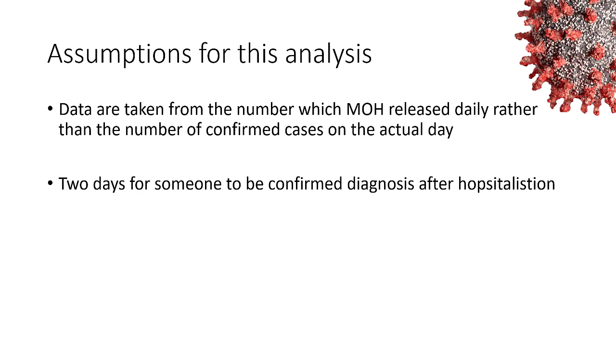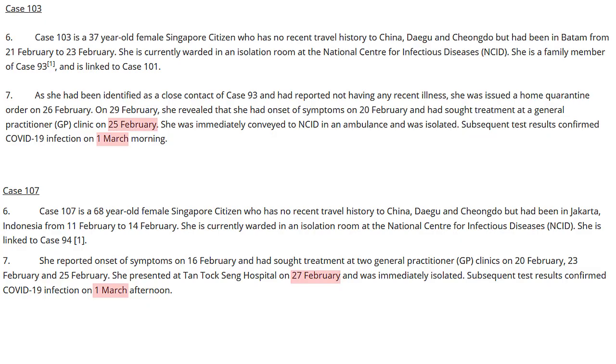How do I come up with these 2 days? Now, I actually have a very difficult time deciding how many days to use, because if you read the report, the earlier report, let's say for case 103, she went into NCID on 25th of Feb. Then after 5 days, the result was confirmed.